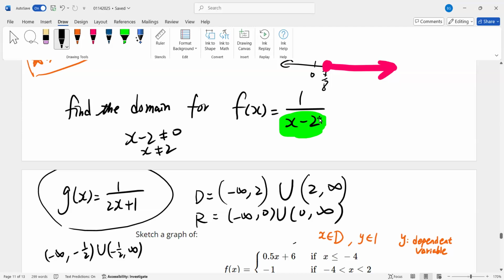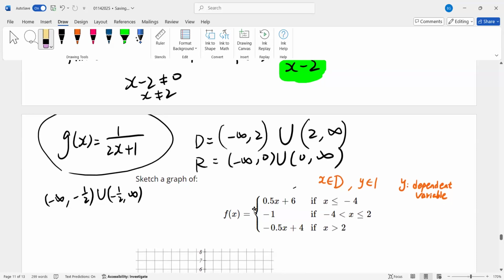Yeah, y could be 2. If x equals 5 over 2, then y is positive 2. So it's okay. Y could assume the value of 2, but y cannot be 0. It's not possible for y to be 0. There's no way we can make a quotient with numerator 1 be 0.